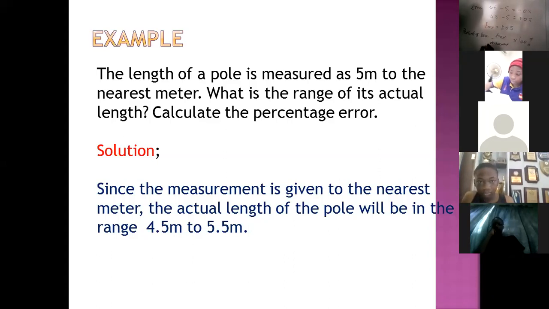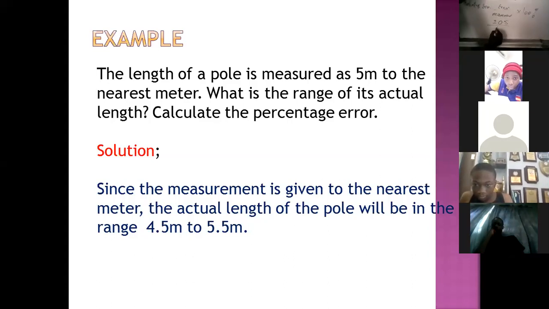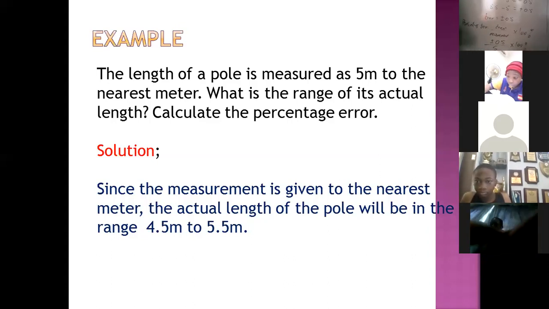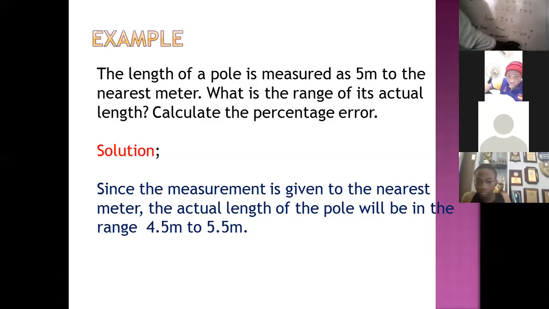Therefore you have plus or minus 0.5. The true measurement is 5 from the question, multiplied by 100%. It's a very simple sum for you. You can divide directly and multiply by 100, or you can multiply by 100 first before you divide by 5.